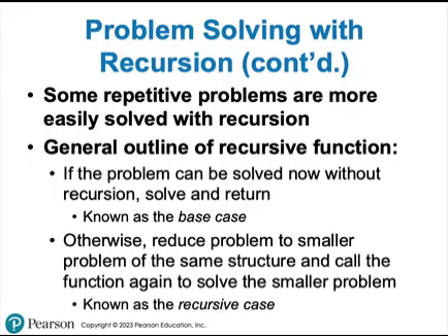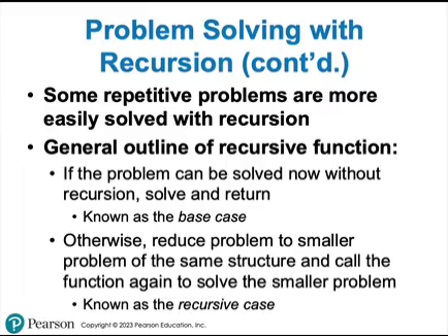Now, we have something called the base case, which is if the problem can be solved without recursion, you simply solve and return it. So that's kind of the last recursive call of the function, if you will.